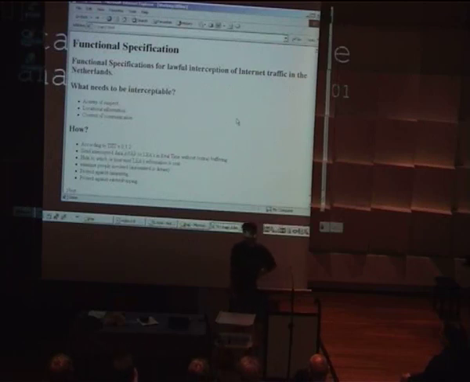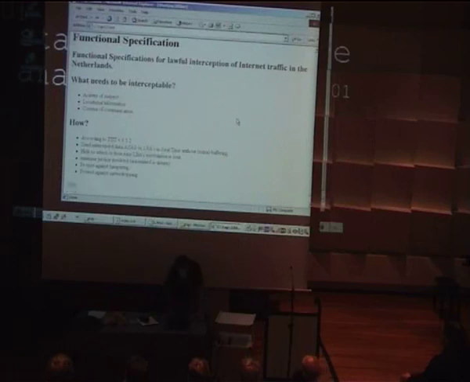And of course then the content of the communication. How does this need to be stored? Okay, first of all we need to transfer it according to another document specification, the transport of intercepted IP traffic. We'll come to that in a little bit.